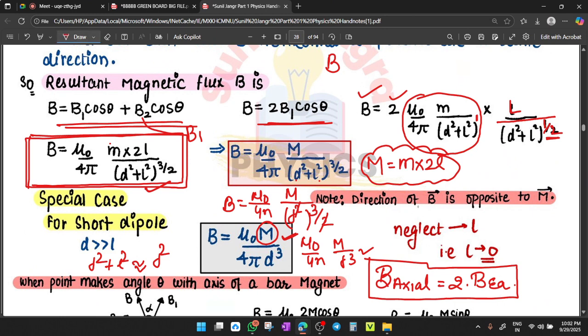So the question: if at some distance from the center of the dipole, the magnetic field intensity B is given as 4 Tesla for the equatorial condition, then the magnetic field strength for the same distance in the axial condition will be 2 multiplied by 4 equals 8 Tesla.